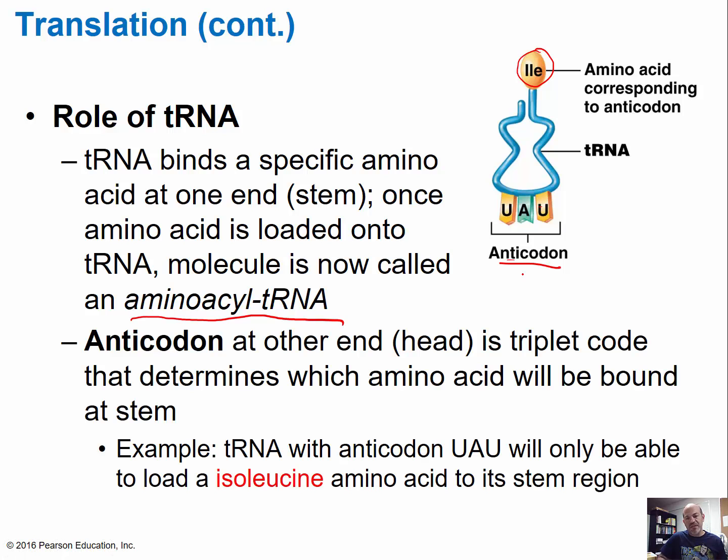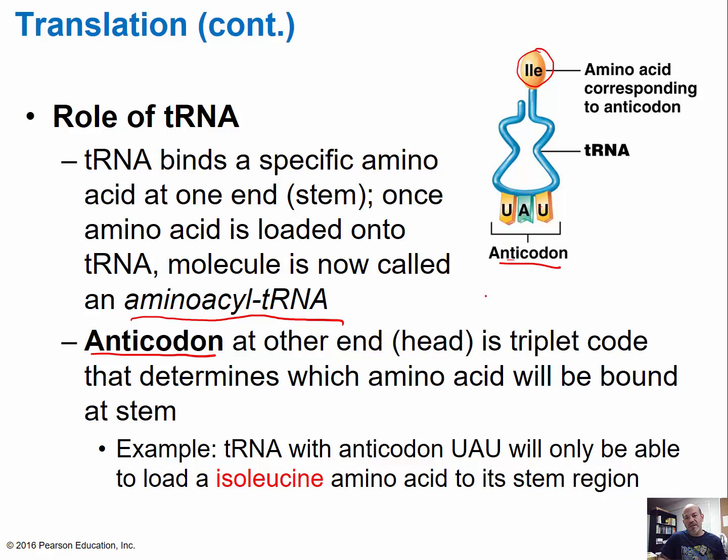The anticodon is going to be, as I pointed out over here, on the head end of the tRNA, and it has a triplet code. That triplet code is referred to as the anticodon, and it's going to complement the codon. So this particular tRNA will only go to a codon that it complements.